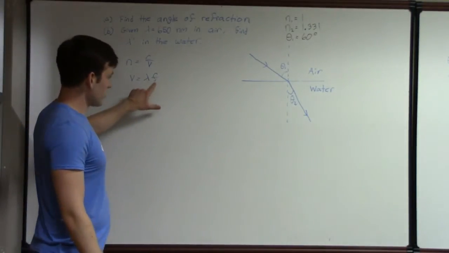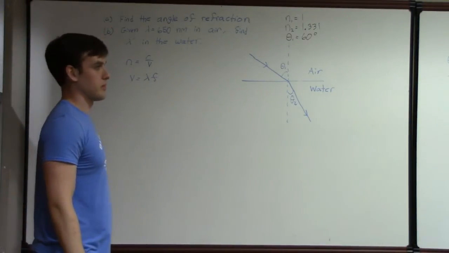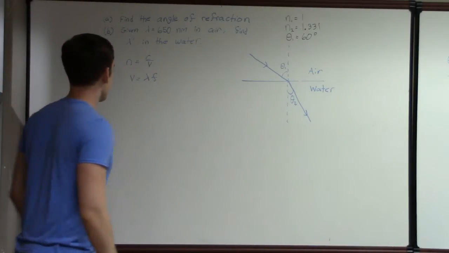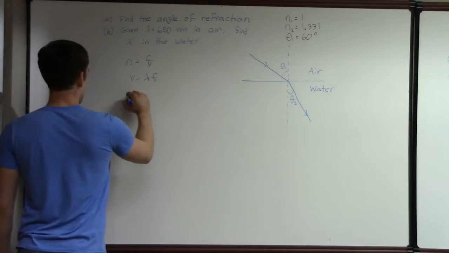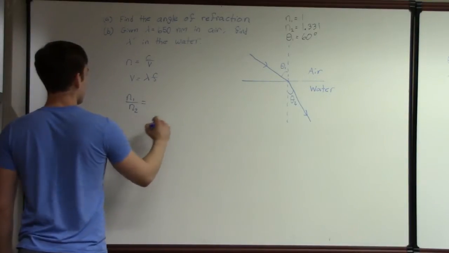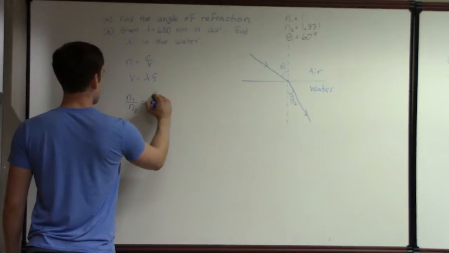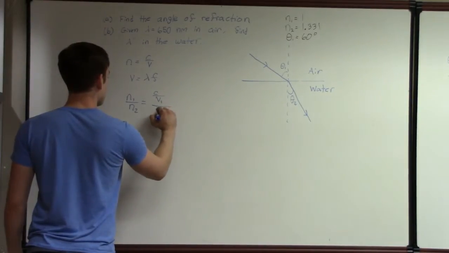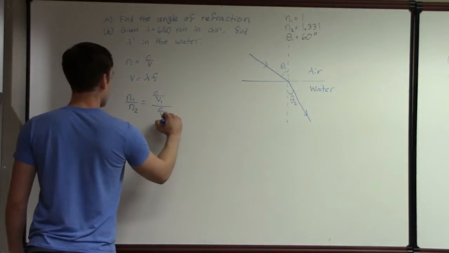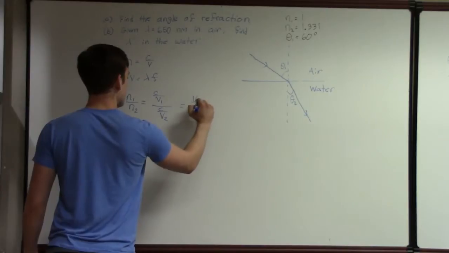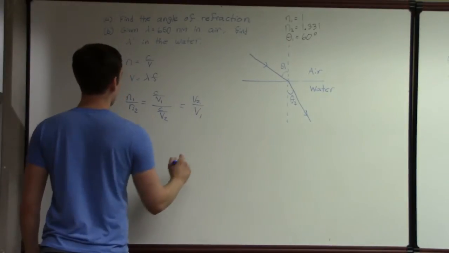But we know that the frequency of light doesn't change from one medium to another, but the wavelength of the light does. So if we take the ratio N1 over N2, we have C over V1 over C over V2, which is equal to V2 over V1.